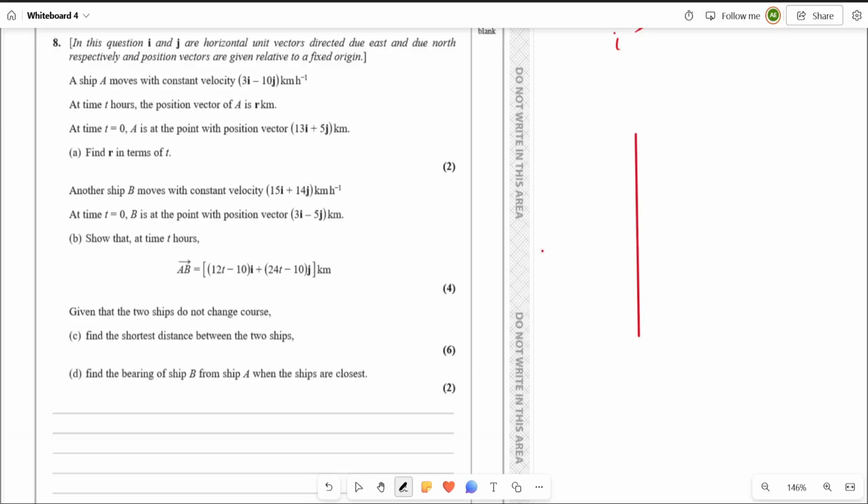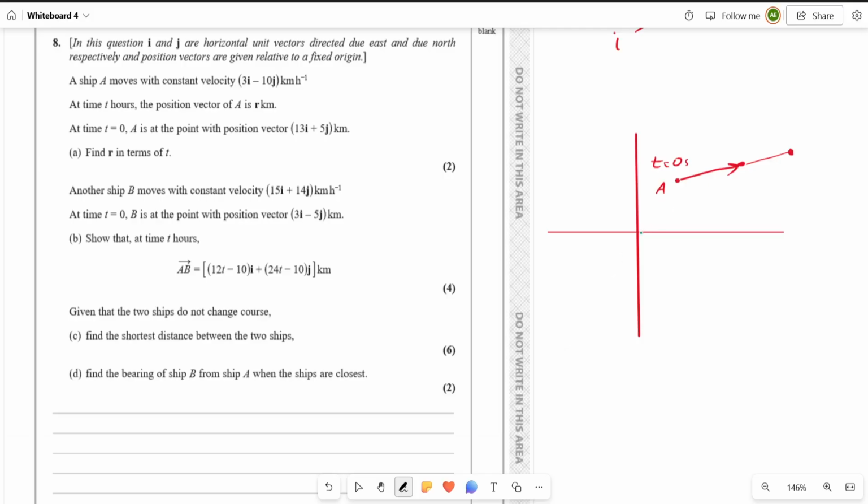If we start by drawing our plane, let's say this is ship A. A is not still, it's moving. So let's say that this is at t equals 0 seconds. So this is the initial position of A. Now let's say A is moving with this velocity vector. So after 1 second, A is going to be over here. After another second, A is going to be over there. So the position vector is this green vector.